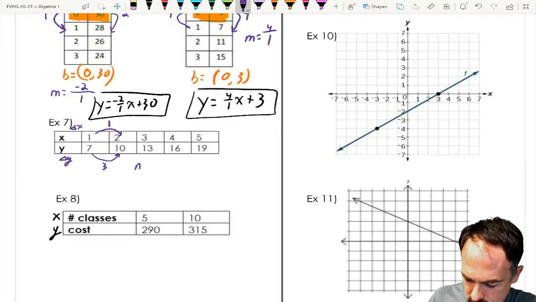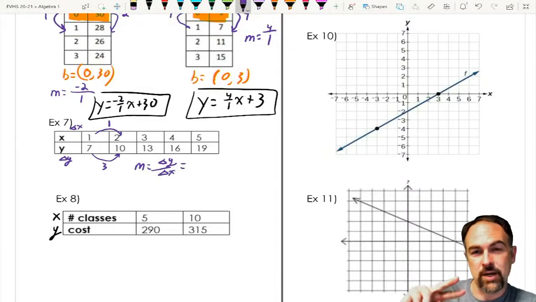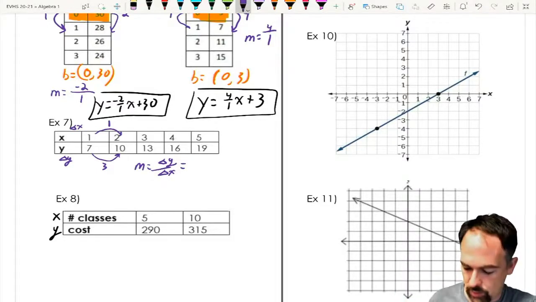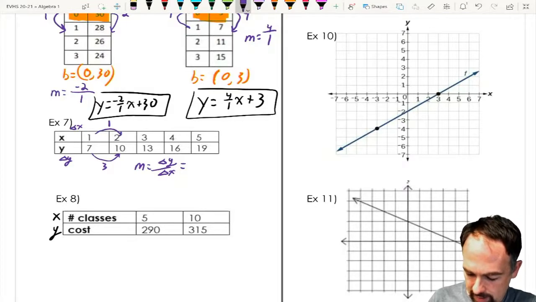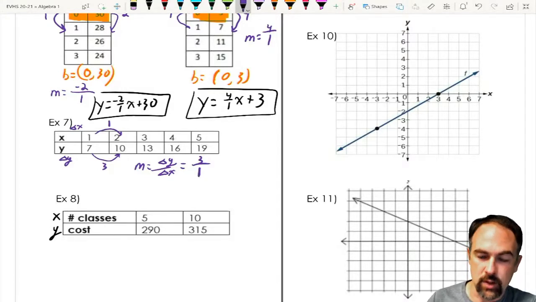So my slope is delta y over delta x. Now be careful, with horizontal tables you kind of have to flip those two numbers in order to make it work, because my delta y is the 3, which goes on top of the fraction, and delta x is 1, the top row, which goes in the denominator on bottom.